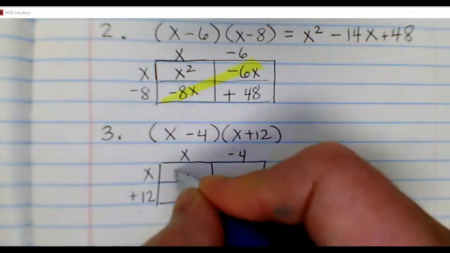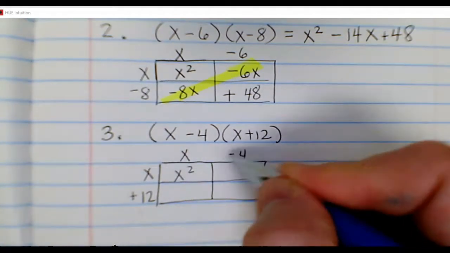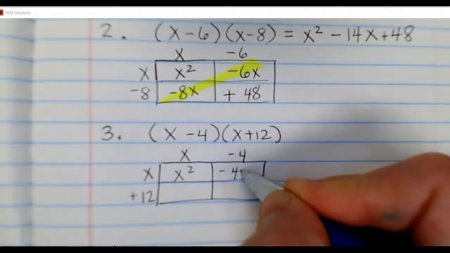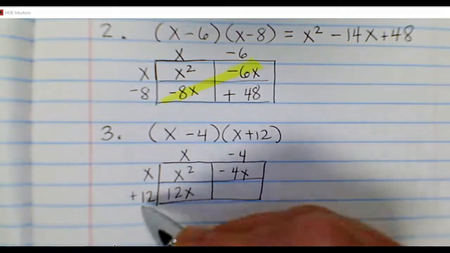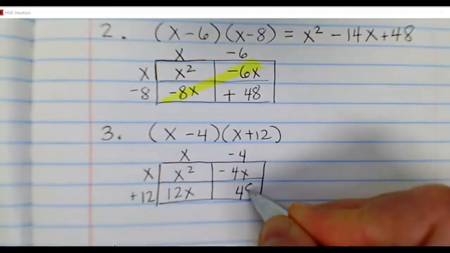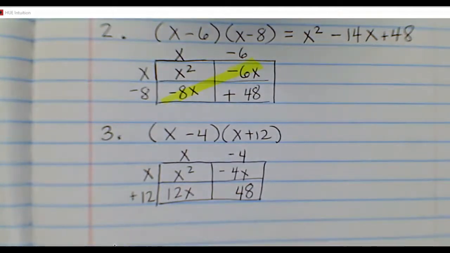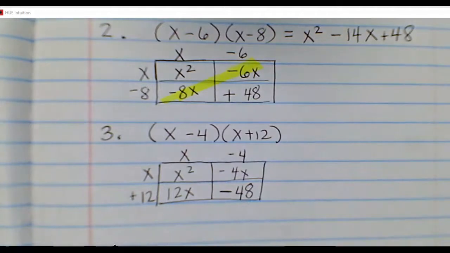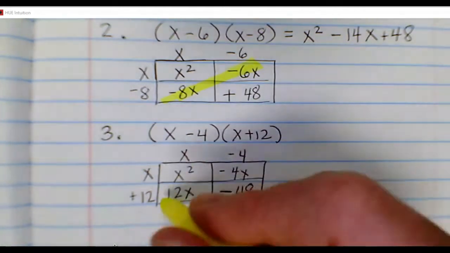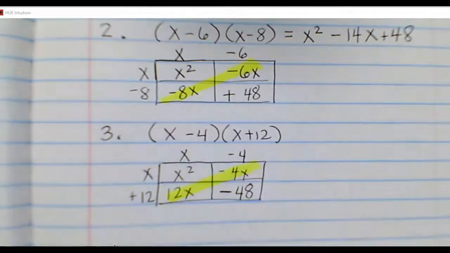Multiply x times x. Multiply negative 4 times x. Multiply 12 times x. 12 times 4 is 48. Positive times a negative makes that a negative 48. Combine like terms.